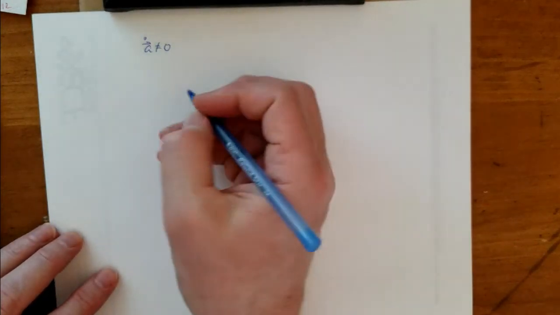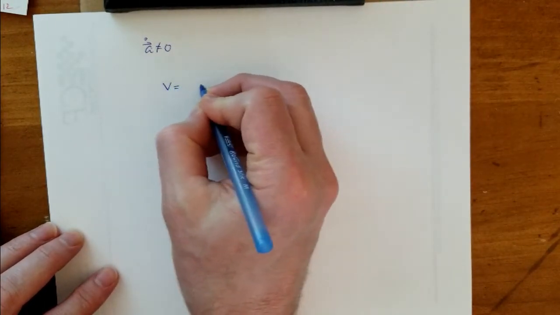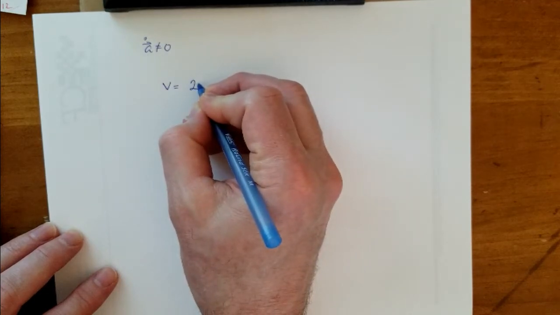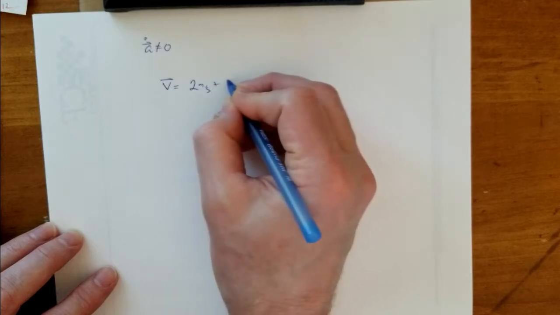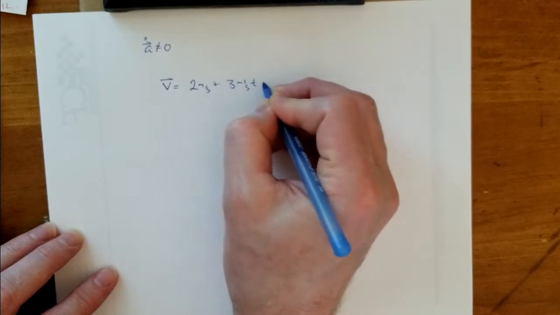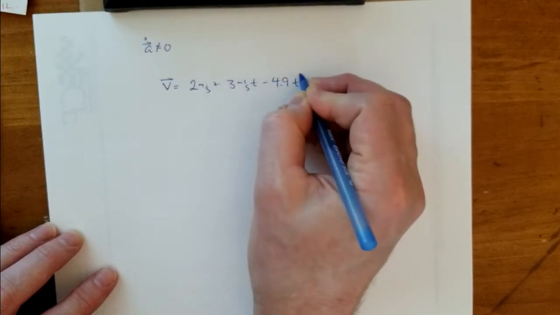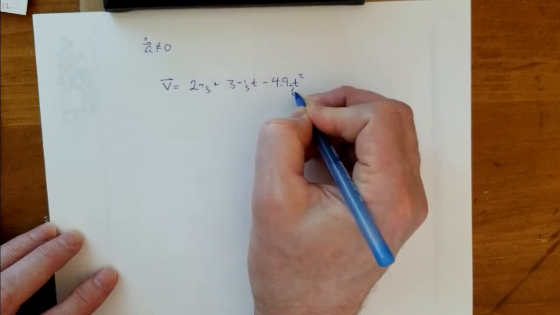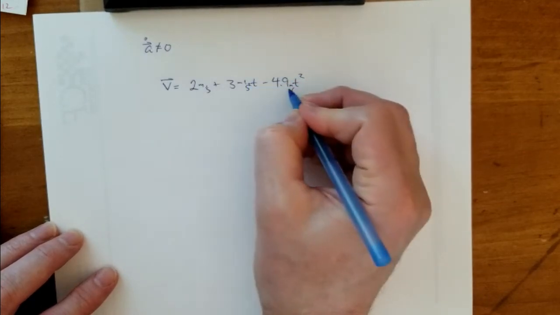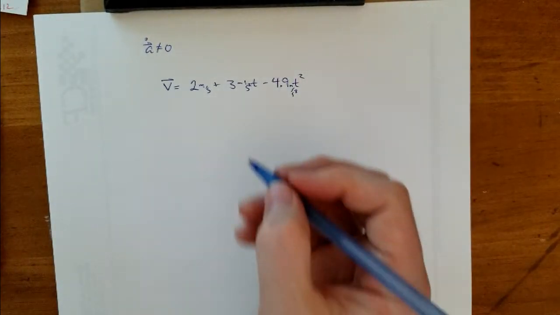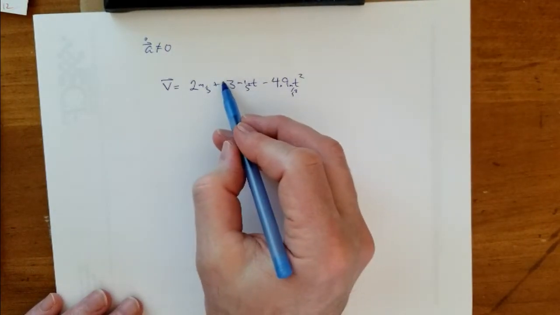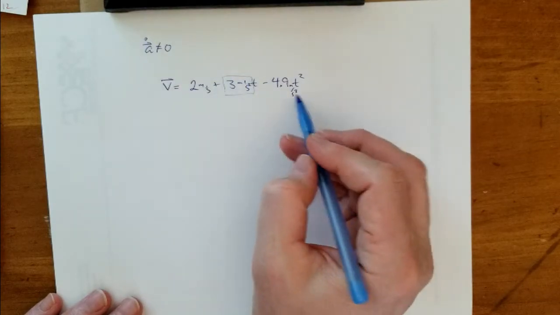is involved. So let's just take a simple example: velocity is equal to 2 meters per second plus 3 meters per second squared times t minus 4.9 meters per second cubed times t. Let's see, this should be meters per second squared and meters per second cubed. So that is my initial acceleration.